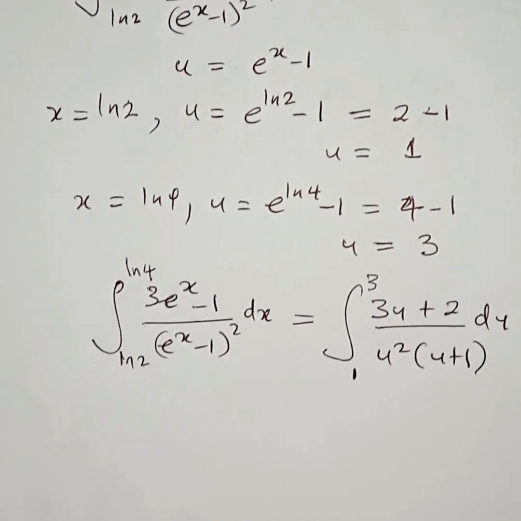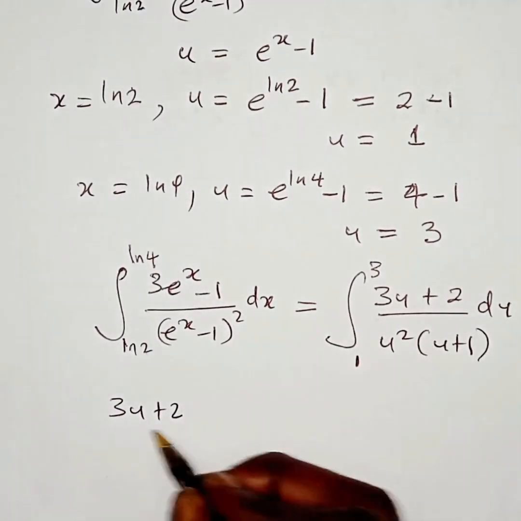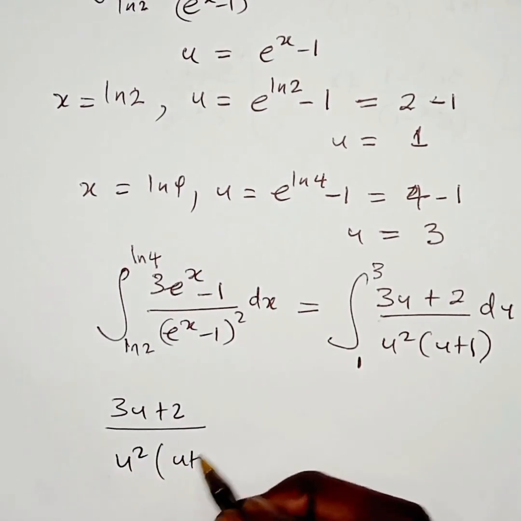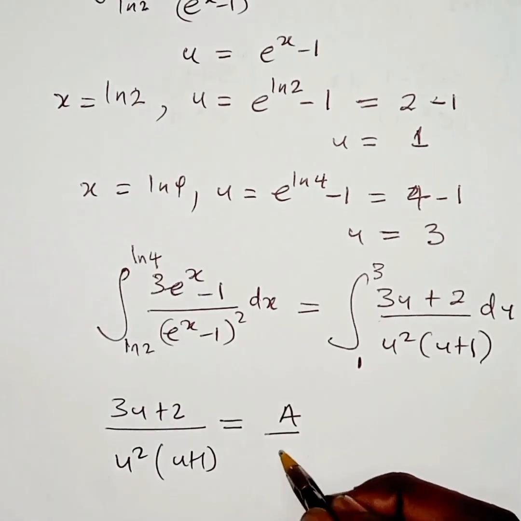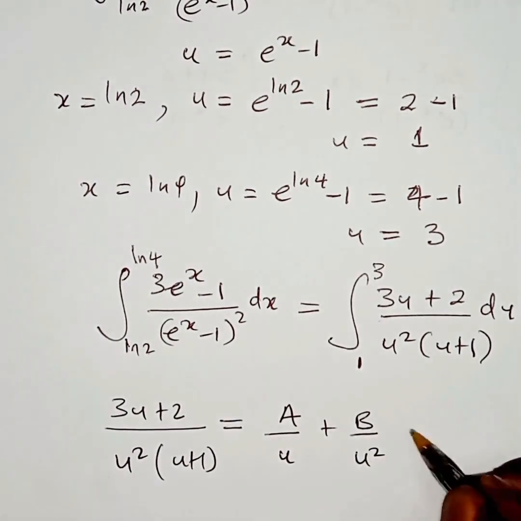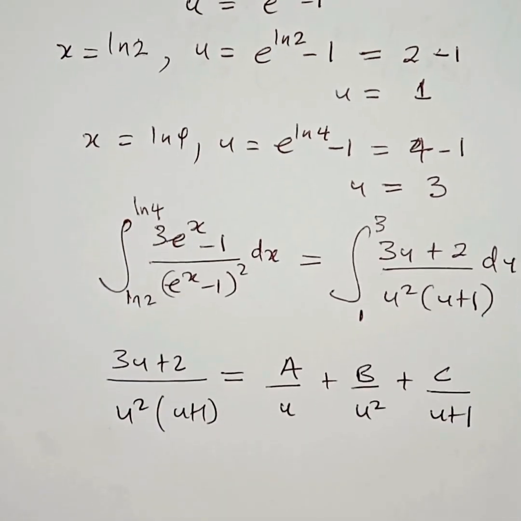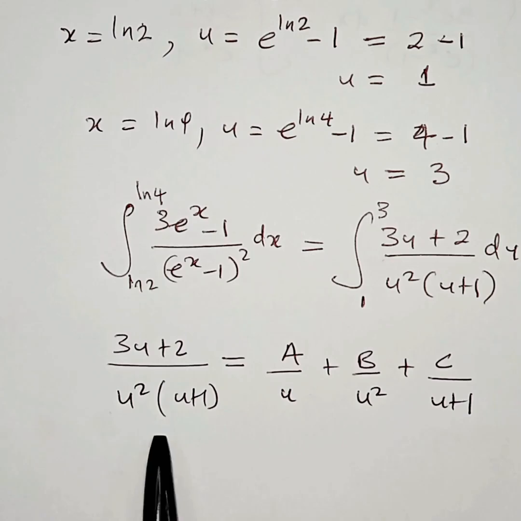So we are going to say now (3u plus 2) divided by u squared (u plus 1) is equal to A over u plus B over u squared plus C over u plus 1. All right, now we have got the lowest common denominator, that is u squared (u plus 1). So we are going to multiply with that throughout the whole equation.